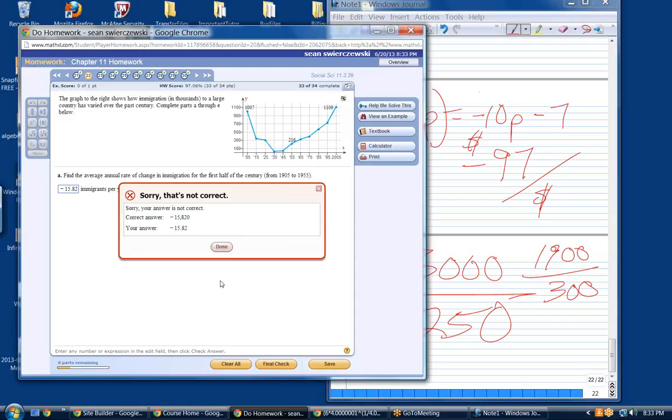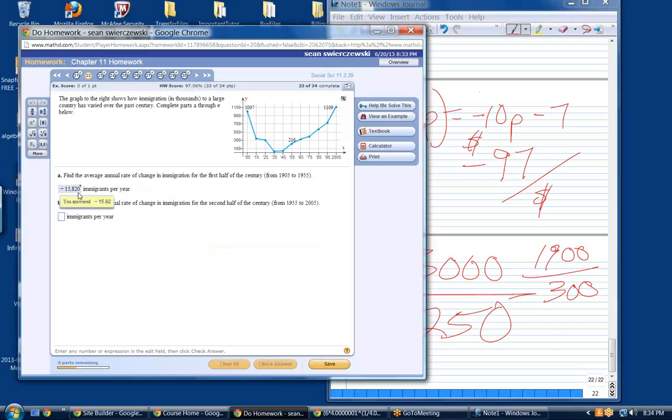It's 15,820. That's what they wanted? I forgot, I didn't see this in thousands. Oh. That's easy to fix. In other words, they multiplied this by 1,000. It's minus 15,820 immigrants per year.